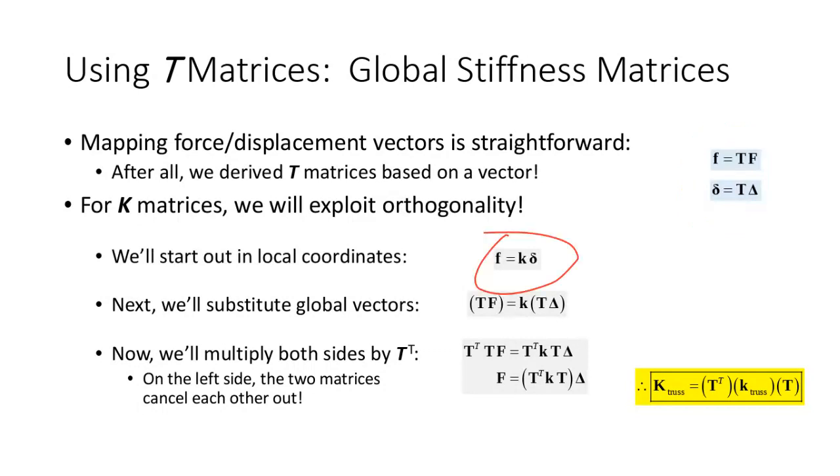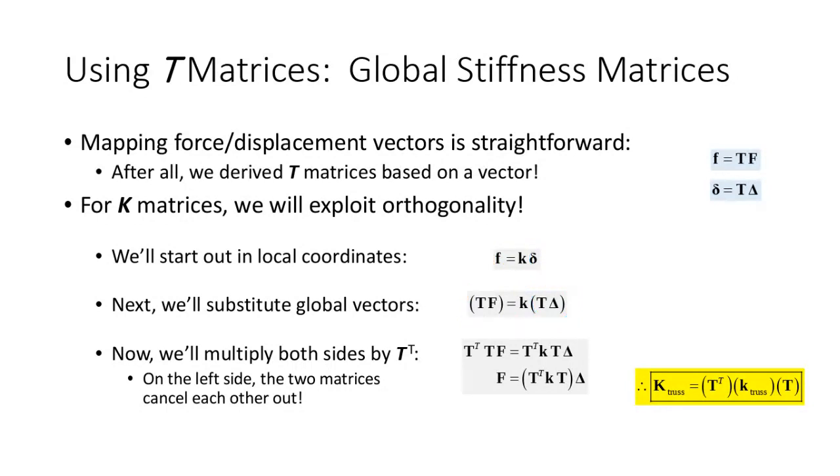Local forces equal local stiffness times local displacements. Everything's local. Then what I'll do is take the local forces and replace them with that, and take the local displacements and replace them with that.